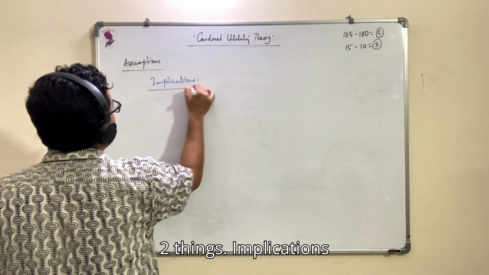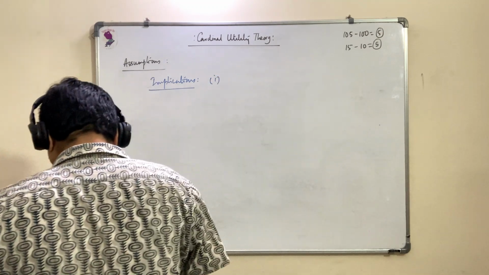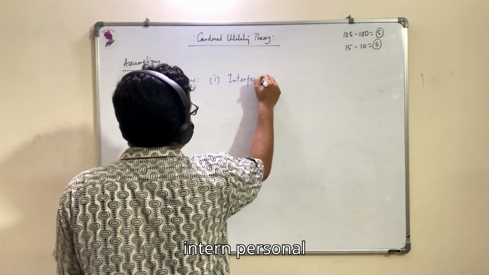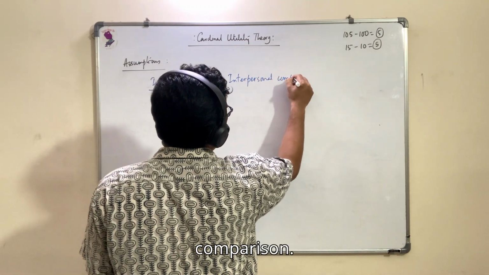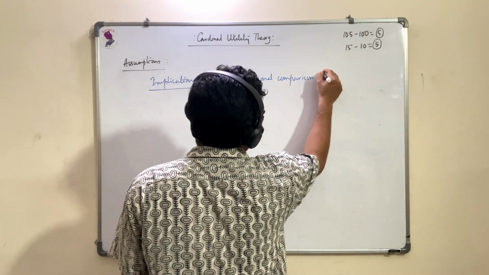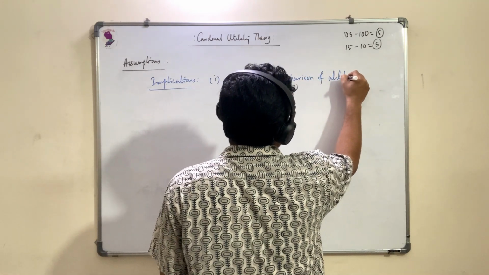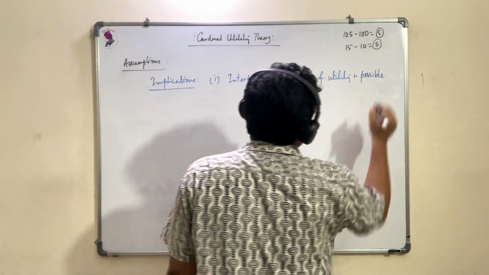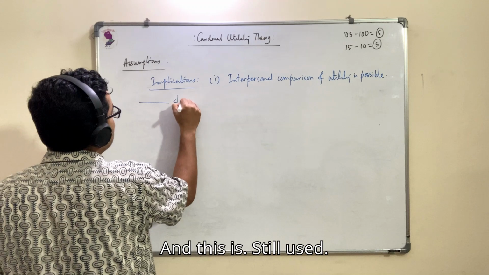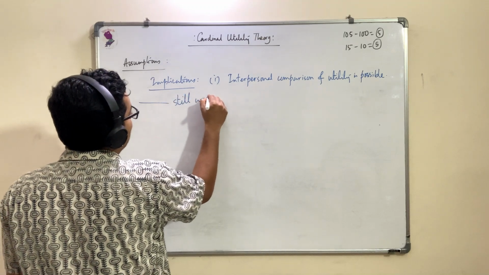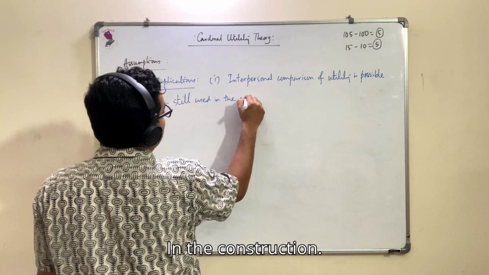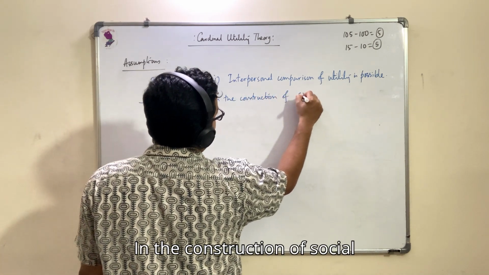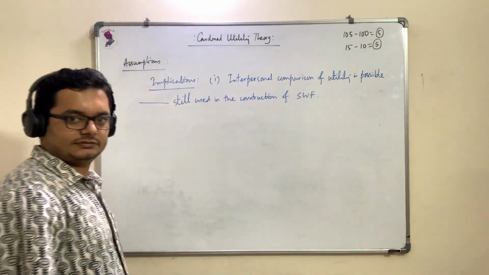The implications, one, and this is the most famous one, that interpersonal comparison of utility is possible, and this is still used in the construction of social welfare function.